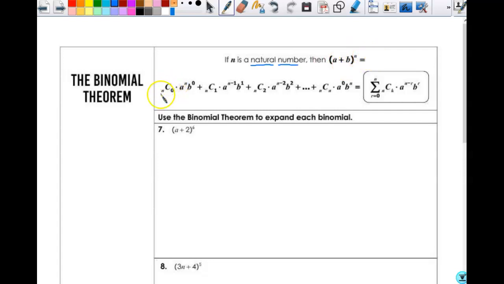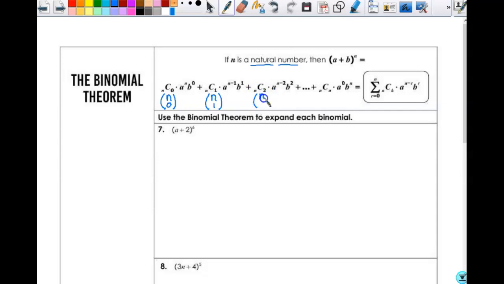This combination of n, 0, times a to the n, b to the 0, plus the combination of n, 1, a to the n minus 1. So basically just like we did yesterday with Pascal's stuff, the exponents on a are reducing by 1, on b they're increasing by 1, but instead of getting our coefficients from Pascal's triangle, they're coming from these combinations.